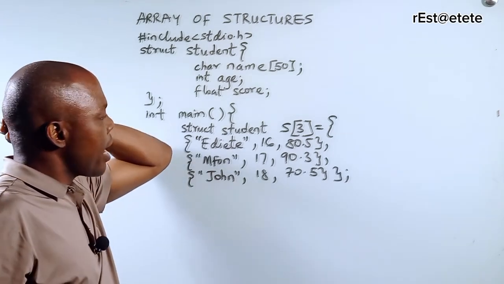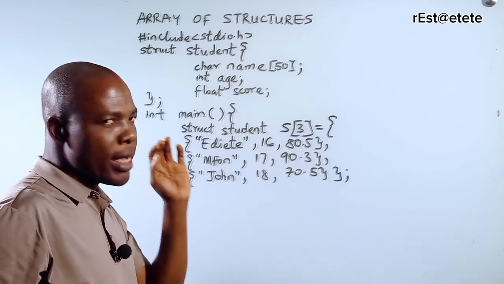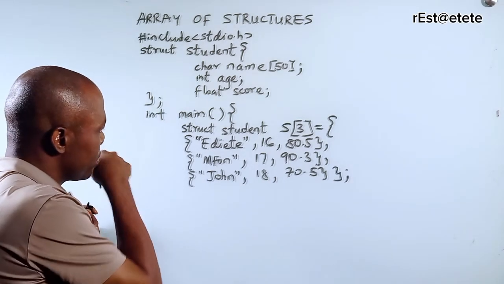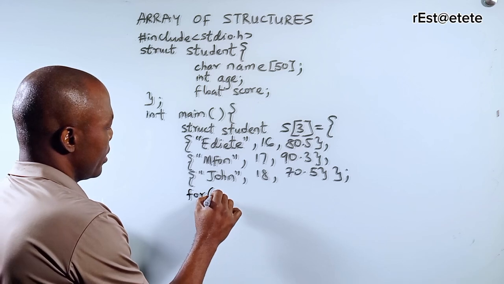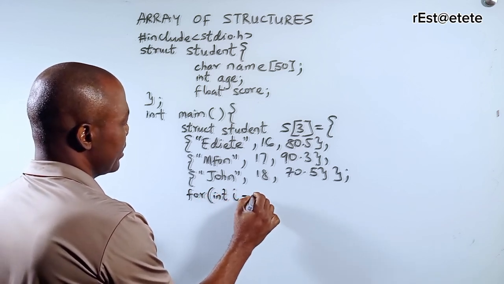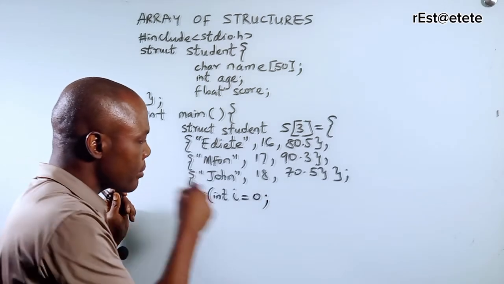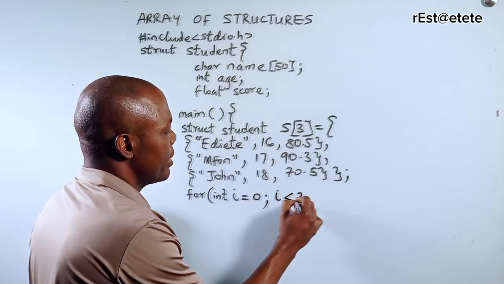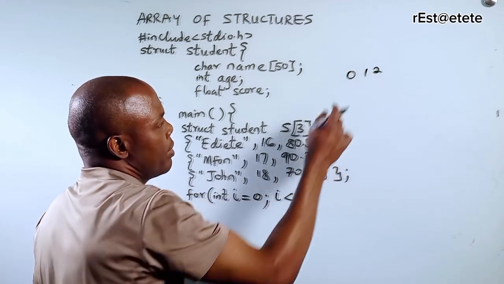So how are we going to be able to print this out? To do that, we will need a for loop. We'll need a for loop to print this out. So we'll say for int i assign 0, right? i less than 3, because you are starting from 0, 1, 2.